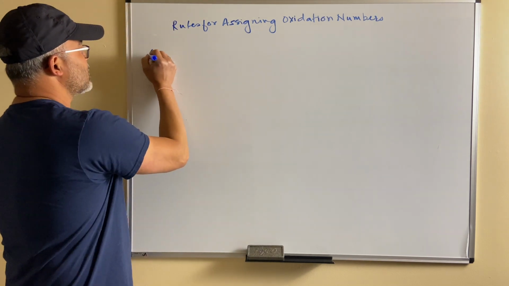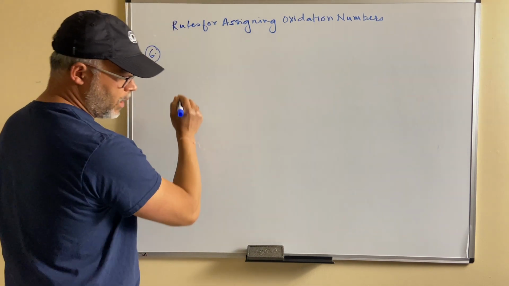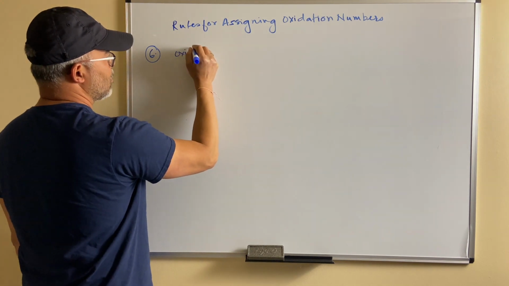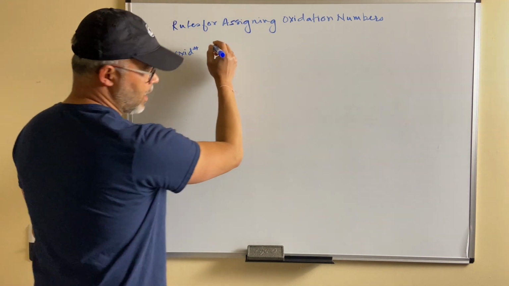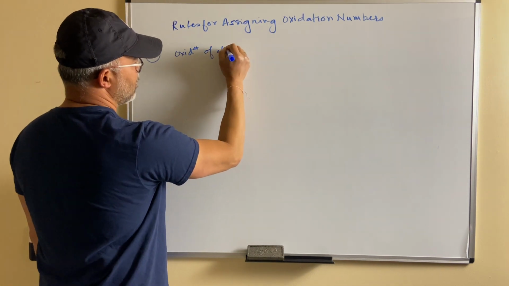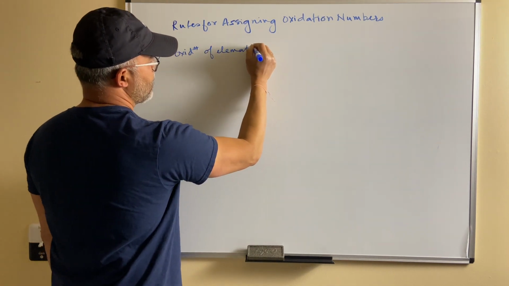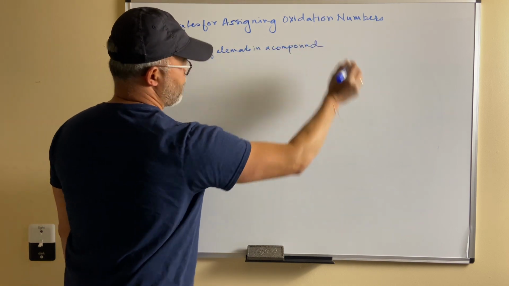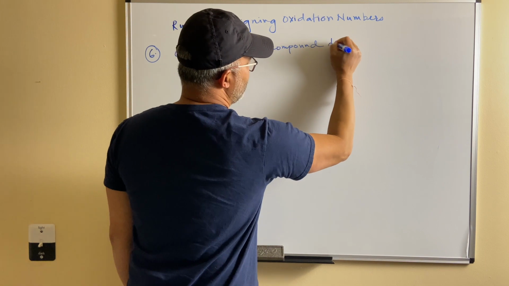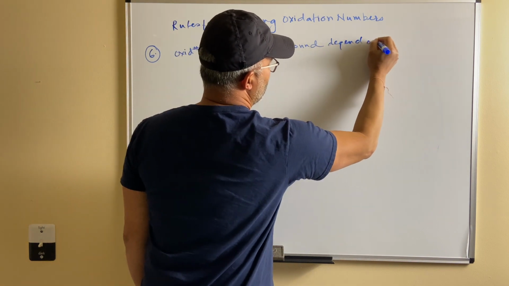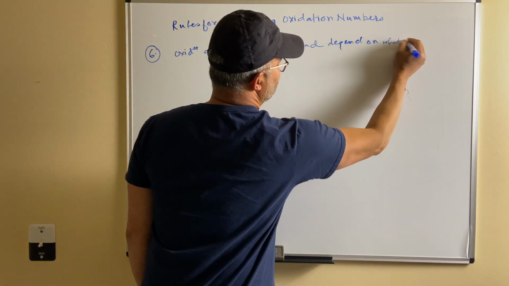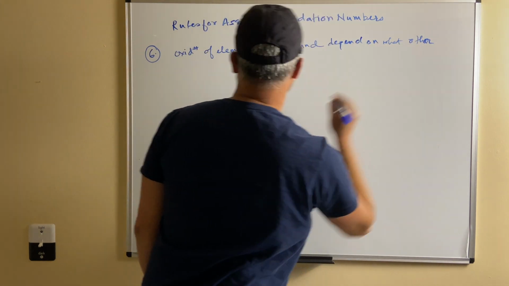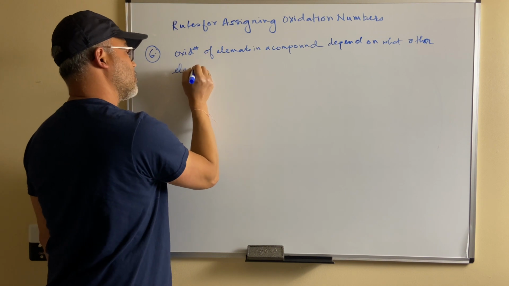So rule number 6 out here is going to be the oxidation number of elements in a compound, they always depend on what other elements are present.